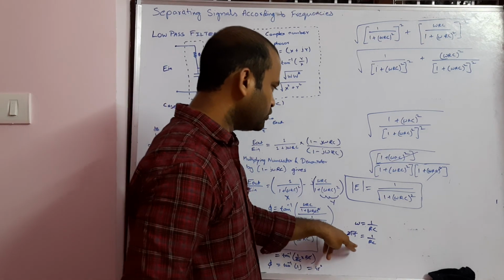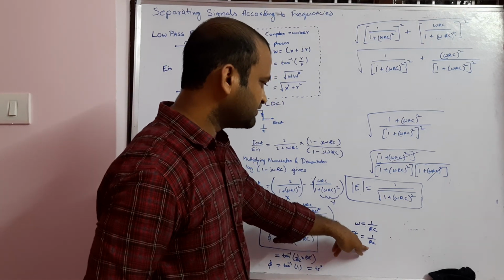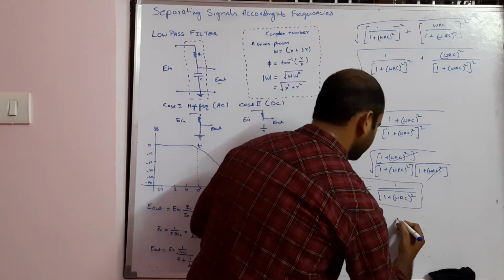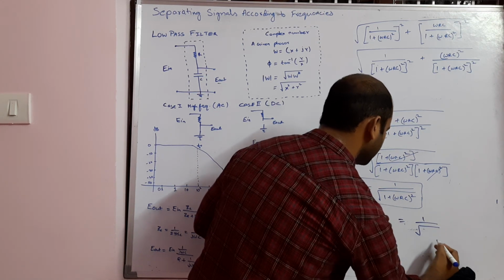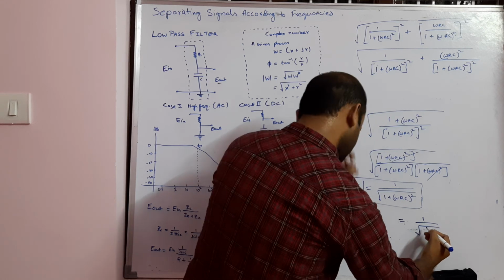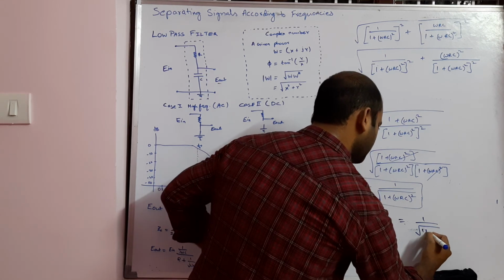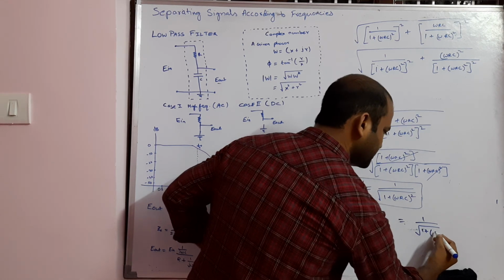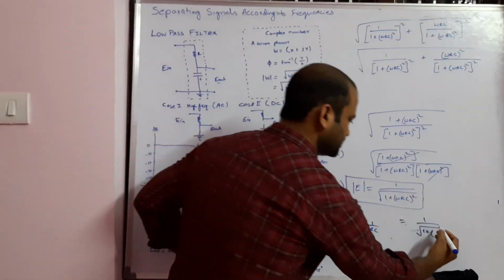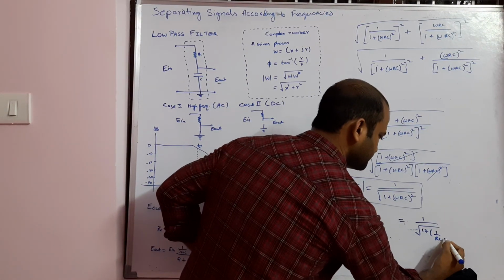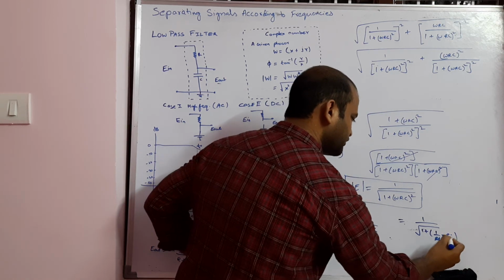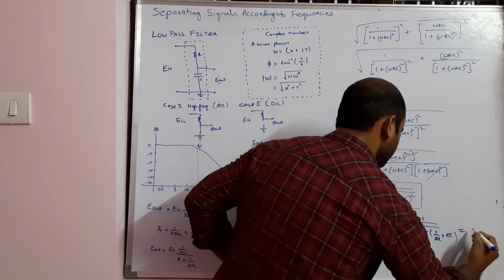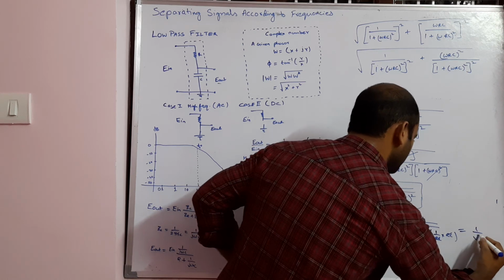Similarly, if you substitute this RC value here, you get 1 by under root of 1 plus omega squared, substitute the omega value of 1 by RC multiplied by RC, and if you calculate this, you will get 1 by root 2.